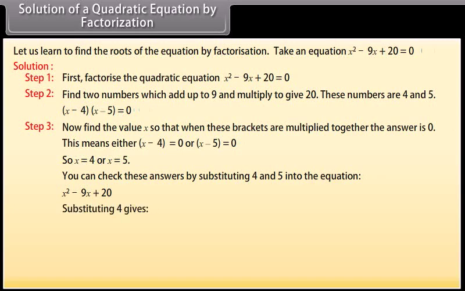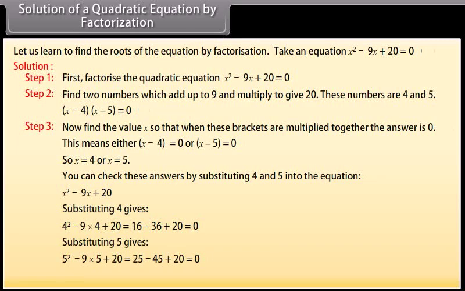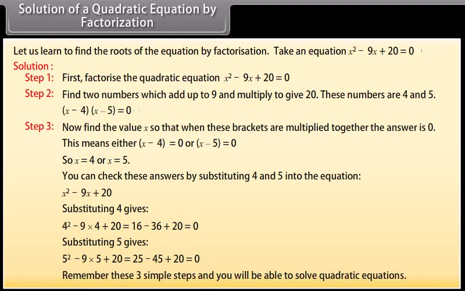Substituting 4 gives 4 square minus 9 into 4 plus 20, which is 16 minus 36 plus 20, equals 0. Substituting 5 gives 5 square minus 9 into 5 plus 20, which is 25 minus 45 plus 20, equals 0. Remember these three simple steps and you will be able to solve quadratic equations.